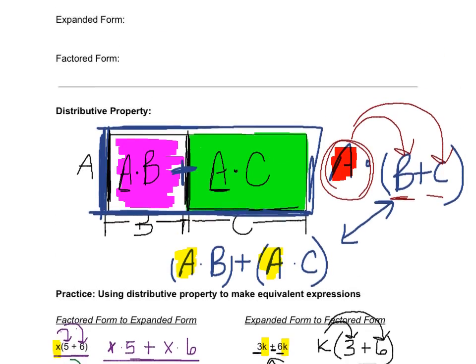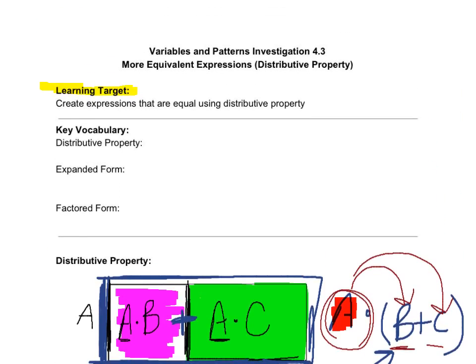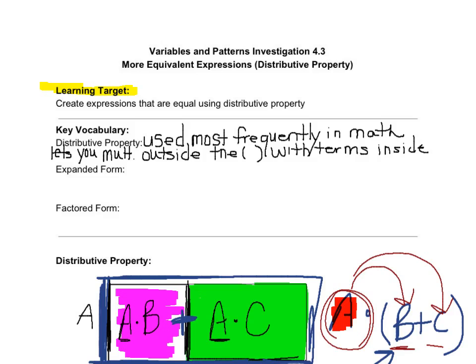Now let's go back up to the top and define some of our key vocabulary terms a little bit. All right, distributive property is one of those properties that even though it is used probably most frequently in math, it is also very difficult to describe in words.